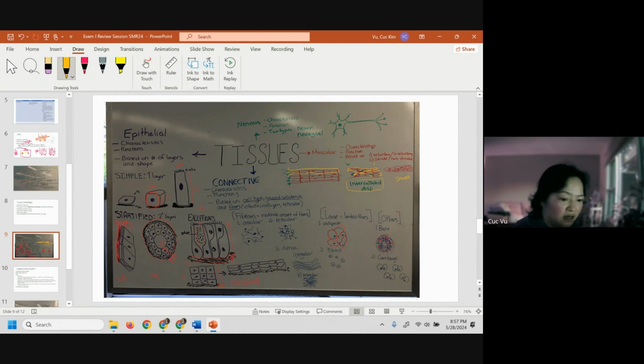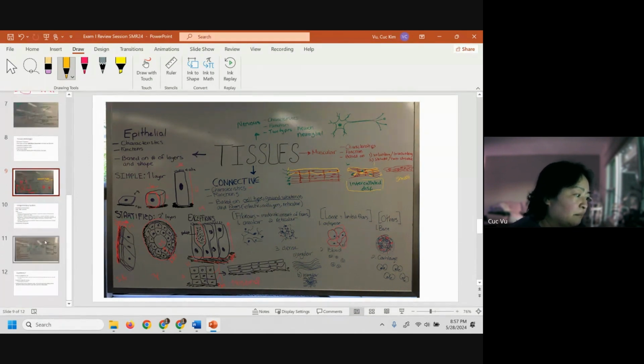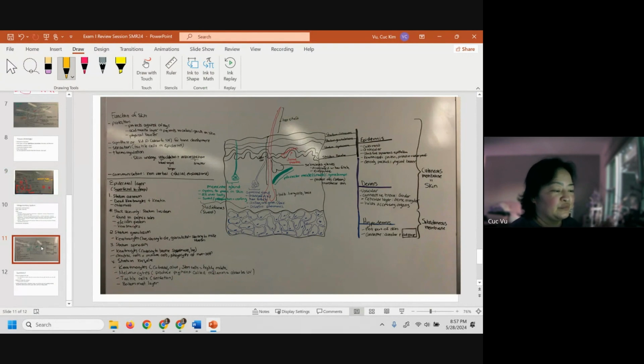All right. We spent most of the hour on this. I don't have a lot of time for the last one, the integumentary system. So I'm going to briefly go over this because there was one question for it, and that's on the structure of the epidermis.